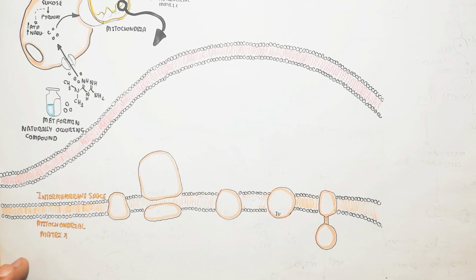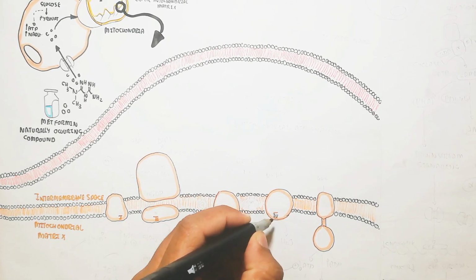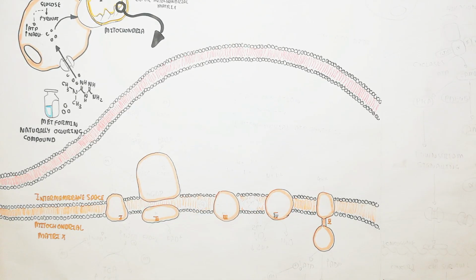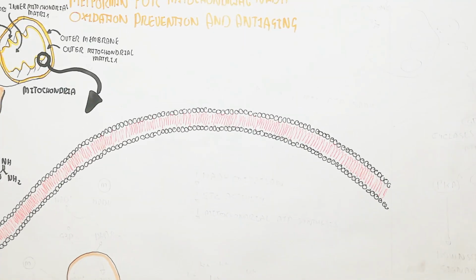Here is the intermembrane space and the mitochondrial matrix, inner and outer. These are the protein complexes 1, 2, 3, 4 and 5, ATP synthase being complex 5. It is important for the electron transport chain.